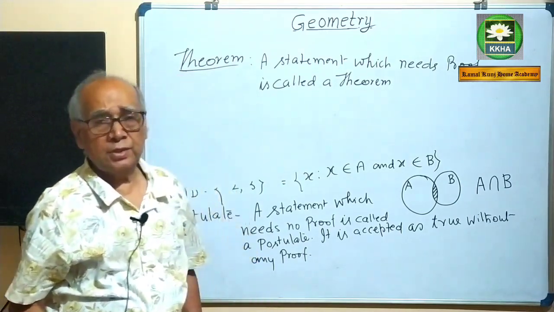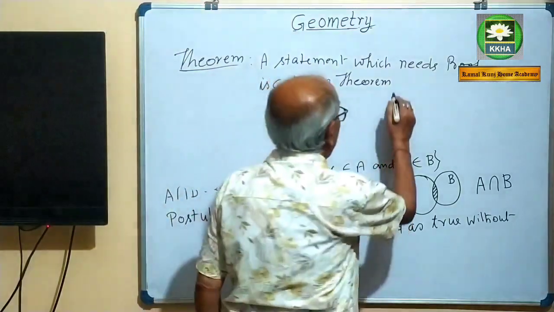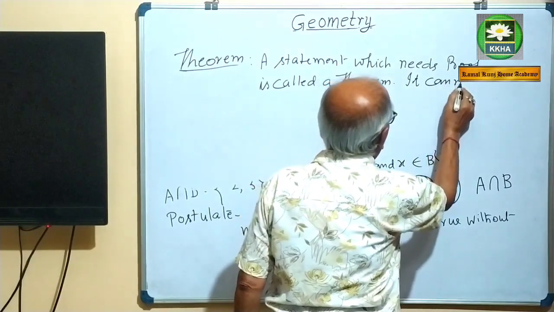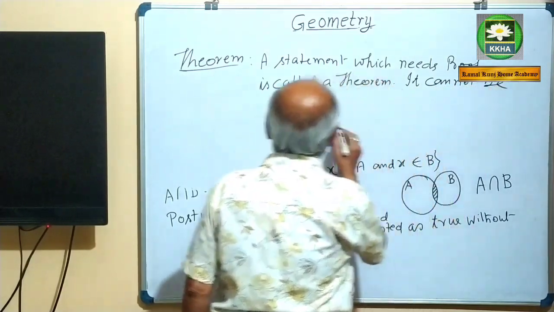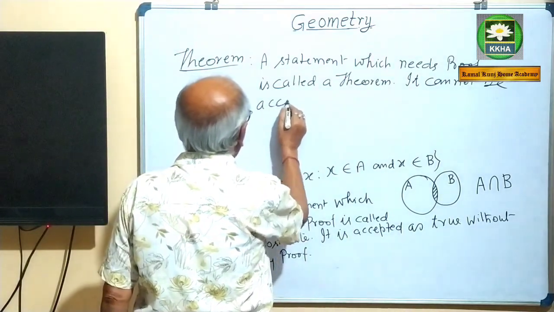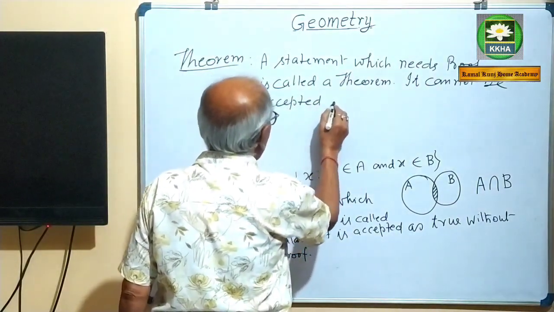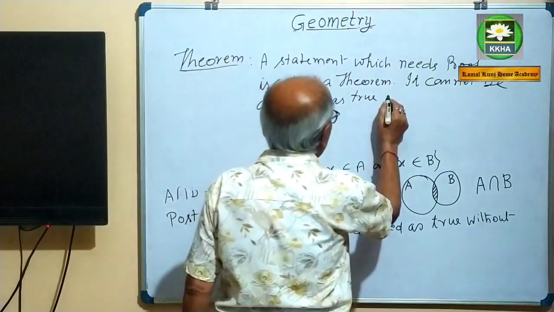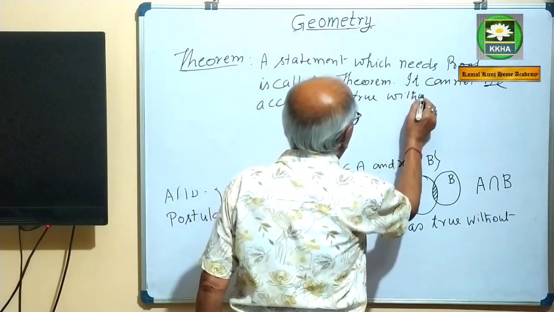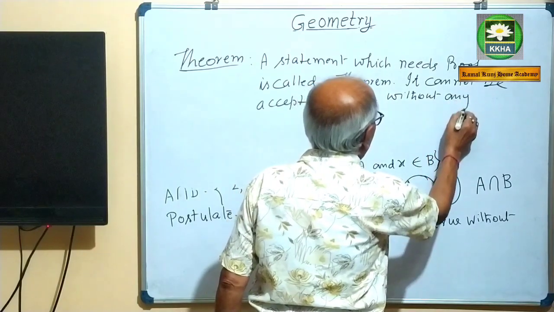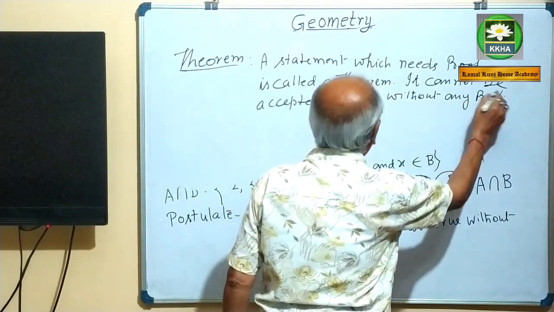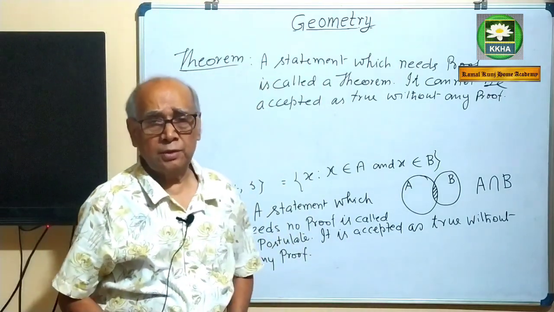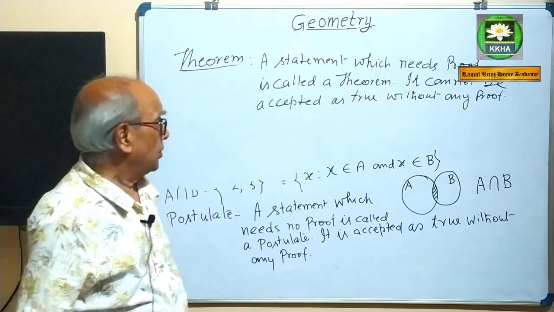It cannot be accepted as true without any proof. So this is a theorem: a statement which needs proof. It cannot be accepted as true without any proof.